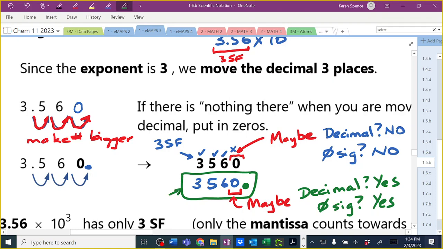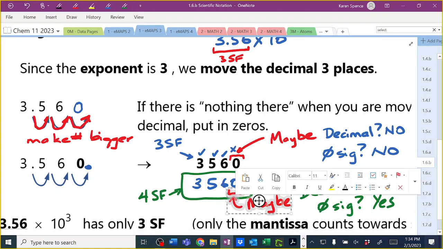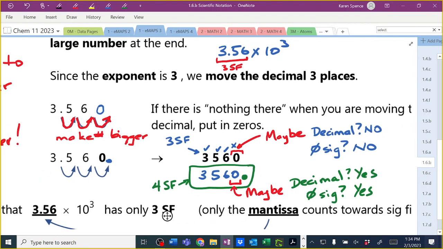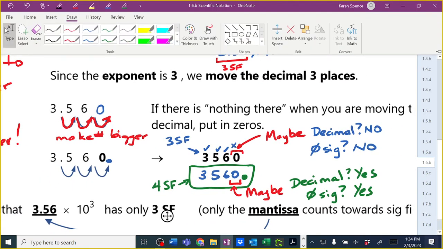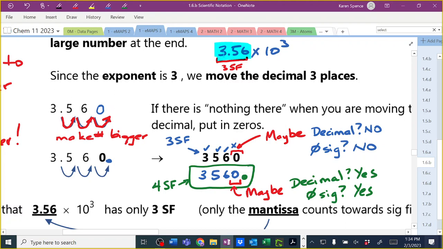So this one here would have 4 sig figs. Which one would be correct given that our original number had 3 sig figs? It would have to be the one that had 3 sig figs. So that would be our correct answer. The one that has 4 sig figs would not be correct.